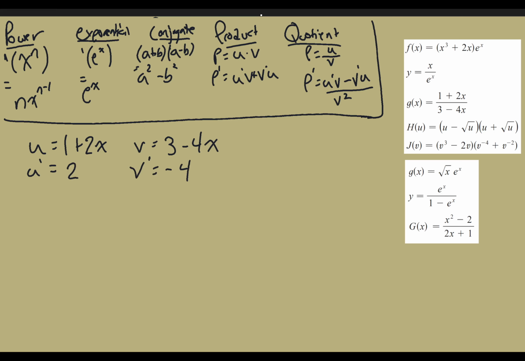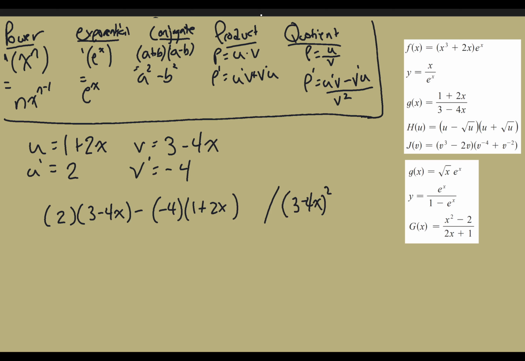This might not be as bad as it looks, right? So u prime v, that'd be 2, that's u prime, times 3 minus 4x, that's v, minus v prime, negative 4, times 1 plus 2x. And that's all going to be divided by 3 minus 4x squared.